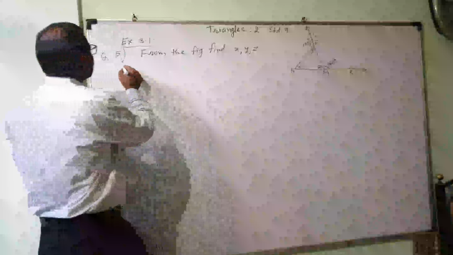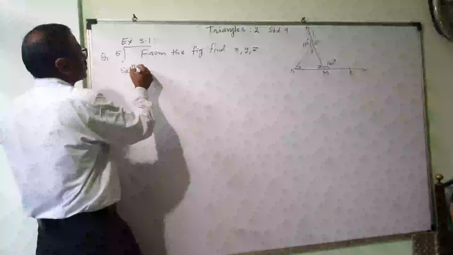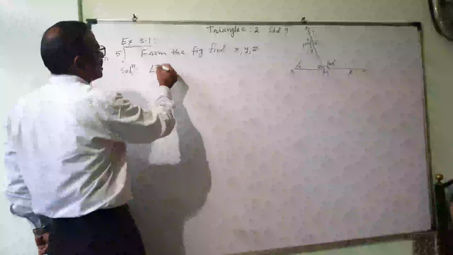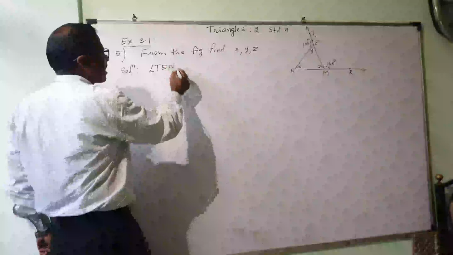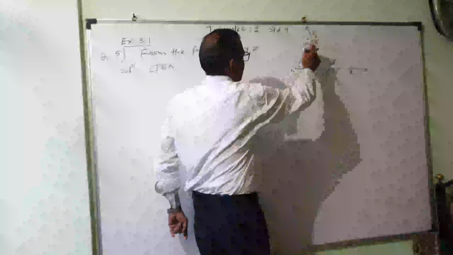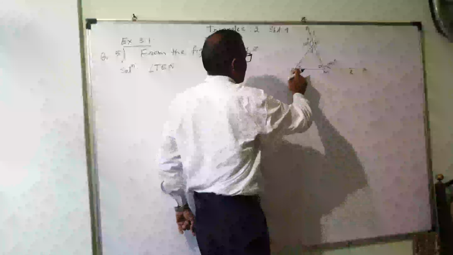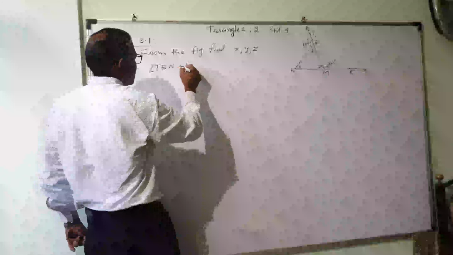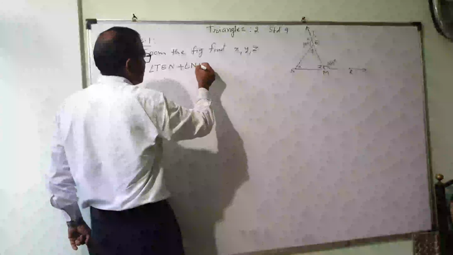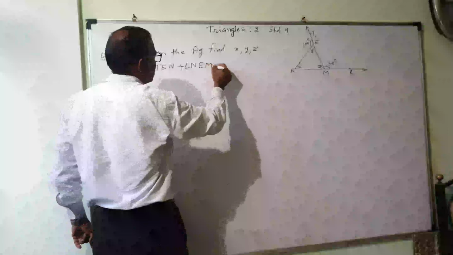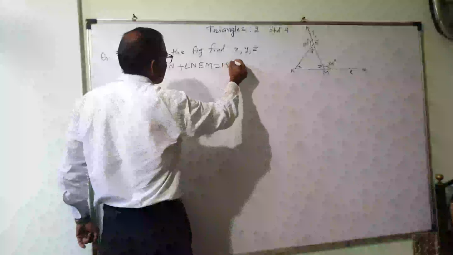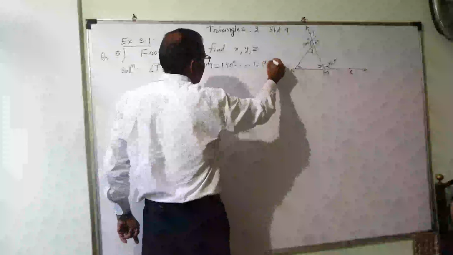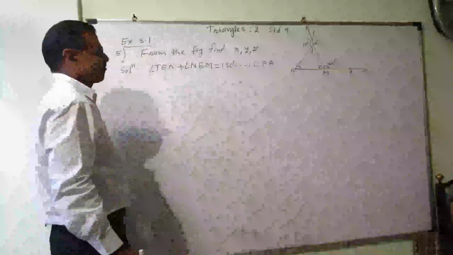So solution, angle TEN plus angle NEM is equal to 180 degree. Why? These are the linear pair angles. That's why.